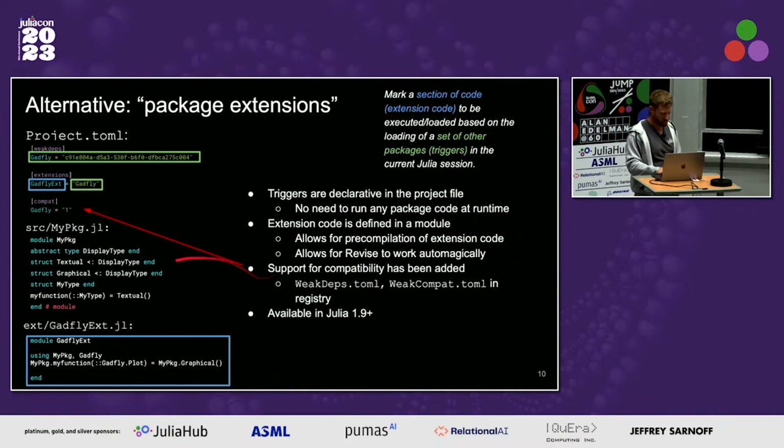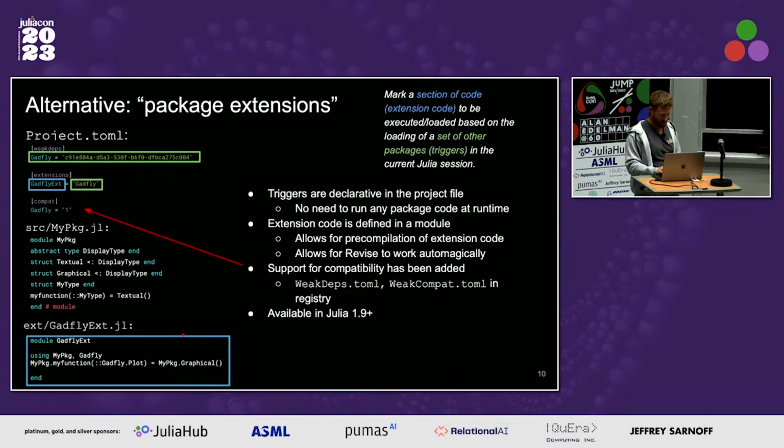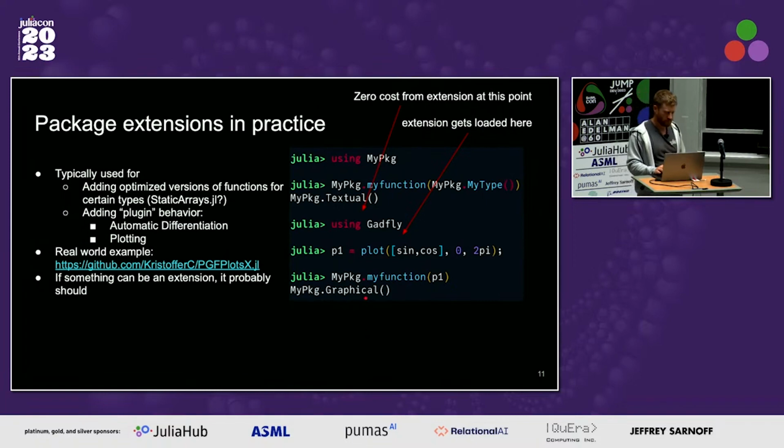This is just the code here that's getting executed. But now if I also load Gadfly, then behind the scenes, the extension gets loaded. And now if I create a plot object and call my function on this plot object, then because we extended my function here to a plot, we get the graphical in there.